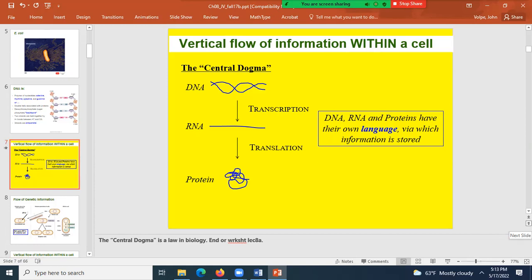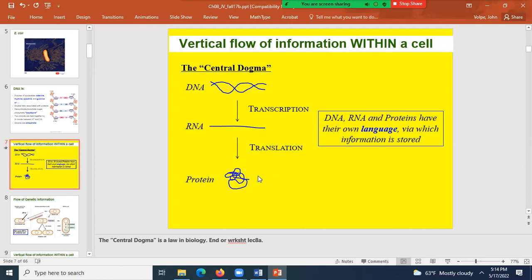All right, let's talk about the flow of information within cells. The information in DNA flows from DNA to RNA to protein. From DNA to RNA is transcription, from RNA to protein is translation. I think we've already talked about this. This is known as the central dogma in biology, and that is the information flows from DNA to RNA to protein.